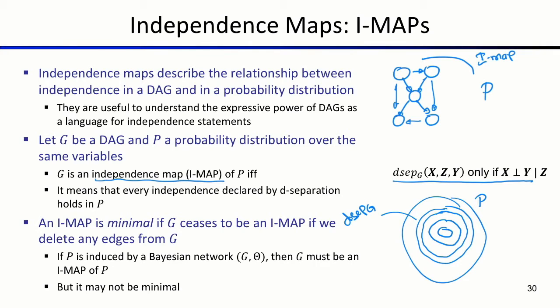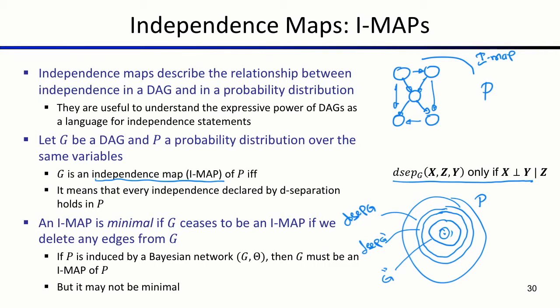So this is for G. The next one is for G prime, and the next one for G double prime, and so on. We can limit that, and if we get into a fully connected graph, what we're going to have is a separation set that is actually empty. So we limit that until we have a fully connected graph that will not assume any independencies.